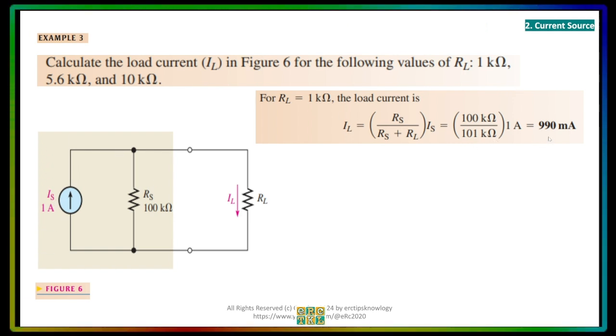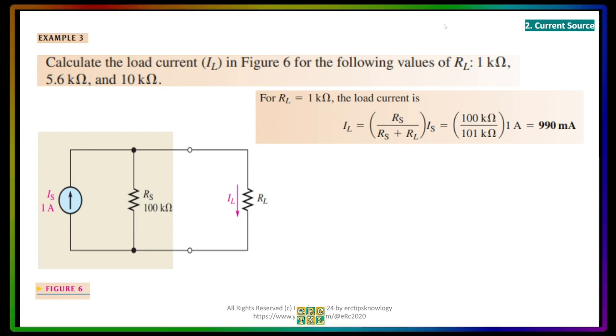And we got the answer of 990 milliamperes. 990 milliamperes is like 0.99 ampere. We are supposed to get 1 ampere, but we only get 0.99. It means that we lost only 0.01 ampere.